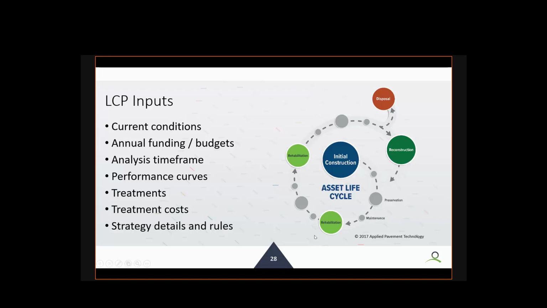So the inputs to the life cycle planning include the current conditions, the annual funding and budgets, your analysis time frame, which we'll talk a little bit about, performance curves, how do we expect our assets to behave in the future, what treatments do we have available, what are the costs of those treatments, and then what's our strategy for applying those treatments and using those costs to improve the assets over time.